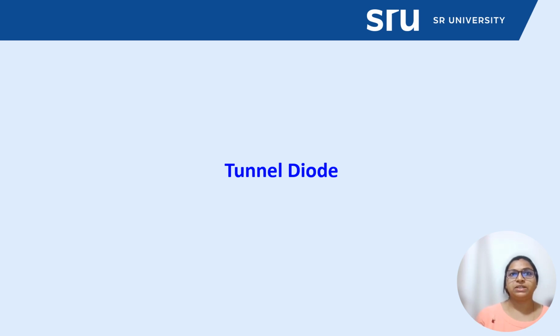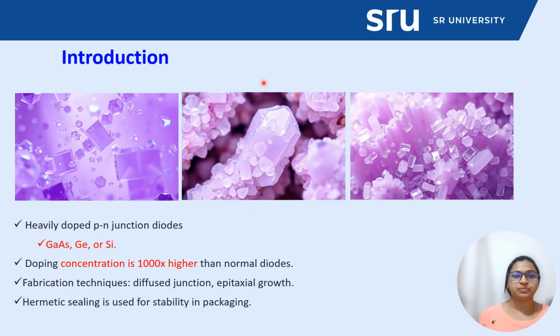Basically, due to the tunneling behavior in its characteristics, it is named the tunnel diode. It's a very interesting and very efficient diode. So let us move to the tunnel diode.